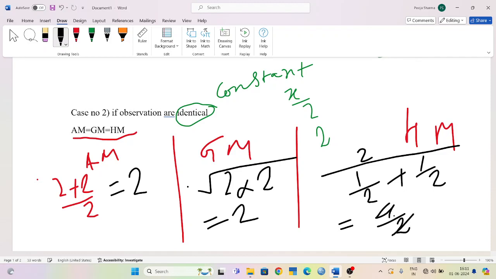We will cut this value, we will get 2. Hence, we can clearly see that when the data are identical, means constant, then the value of AM is equal to GM and the value of GM is equal to HM.